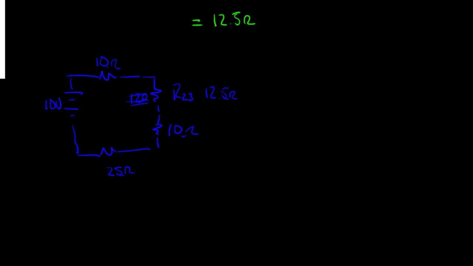Now this is a series circuit. What we learned about series circuits is RT equals R1 plus R2 plus, and in this instance, it's going to be R2,3 plus R4 plus R5. Super quick, we've got 10, 22.5, 32.5, 57.5 ohms.